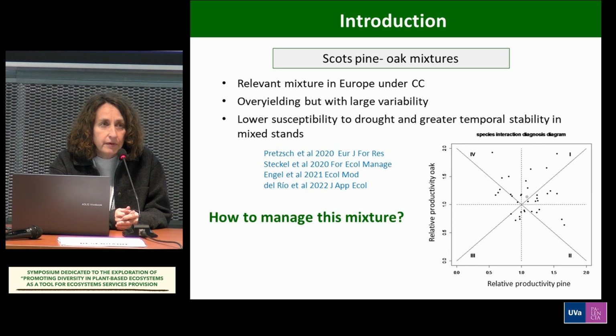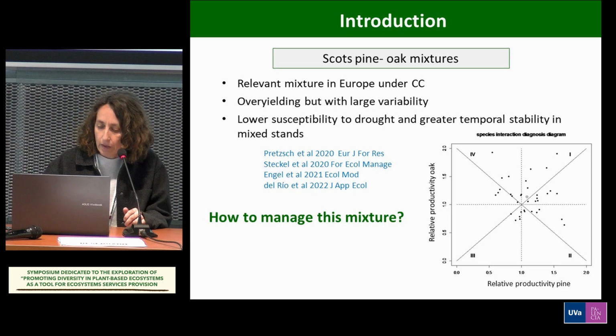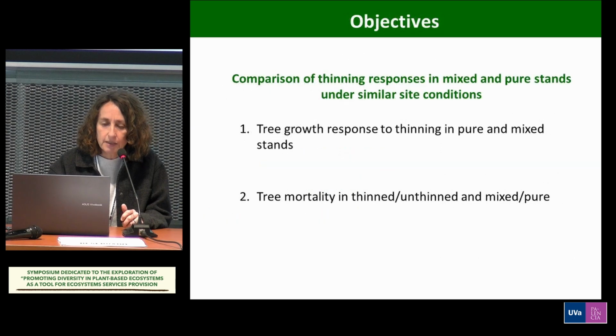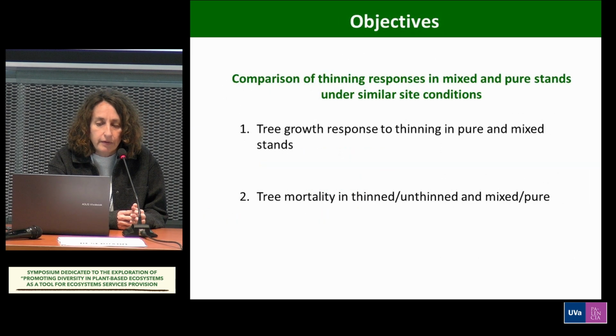However, there is still scarce information about how to manage this mixture, and for this reason we started this study to compare the thinning responses in mixed and pure stands under similar site conditions. In this presentation, I will show the results at three levels. That is the effect on tree growth and on tree mortality.